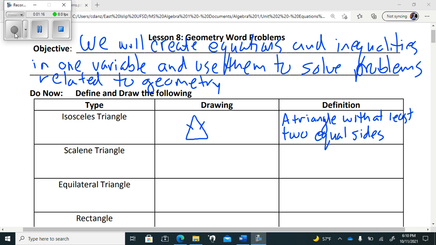A scalene triangle is a triangle with no equal sides. So maybe something like this. So I don't have to mark it at all, or I could put different marks on all three sides, showing that I don't want any of the sides to be equal.